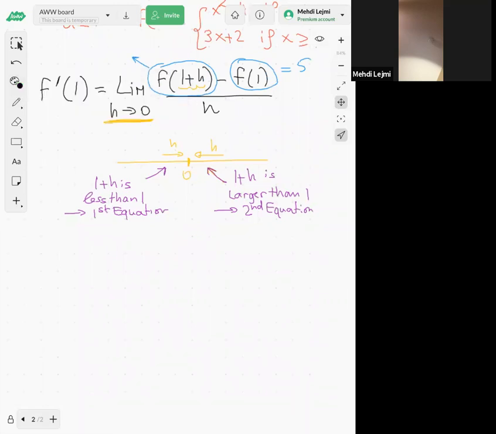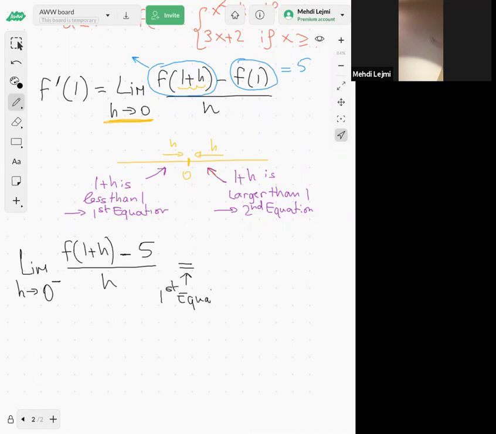First, the limit when h goes to 0 from the left of f of 1 plus h minus f of 1, and f of 1 is 5, so minus 5, over h. Because h is negative, 1 plus h is less than 1, so I'm going to use the first equation.